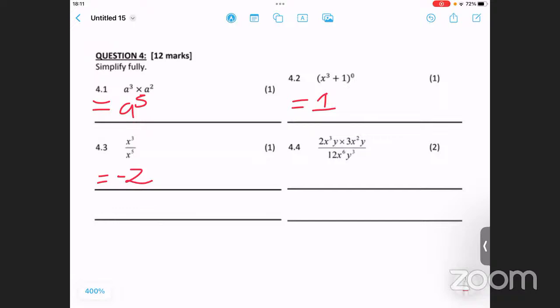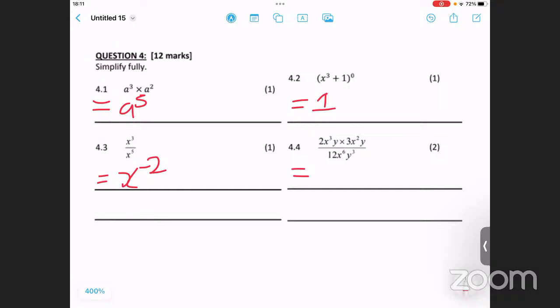Is that what you said? Ma'am, x to the power of negative 2. Do we all agree to that? Yes, ma'am. Perfect.